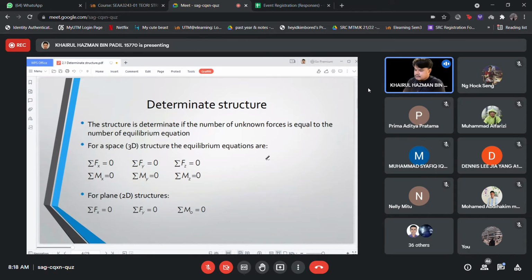If you have a cantilever beam, you will have three reactions here. And the equilibrium equations would be summation of force in x equal to 0, summation of force in y equal to 0, and the summation of moment equal to 0.